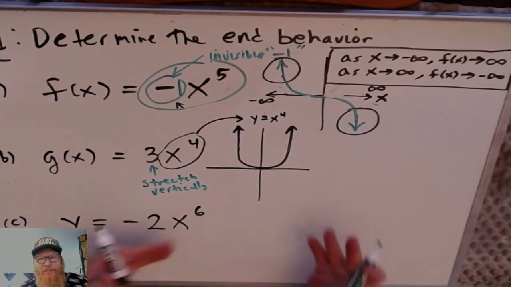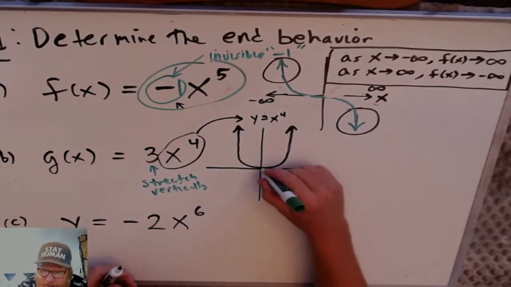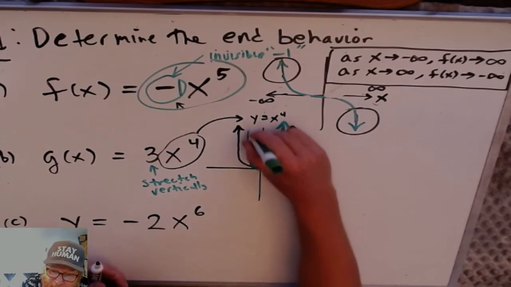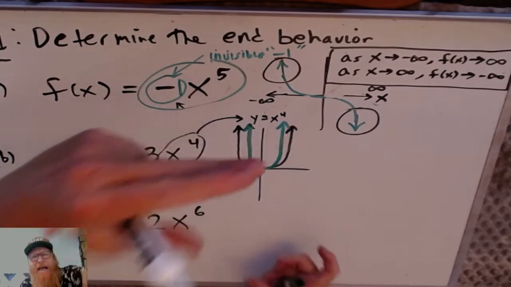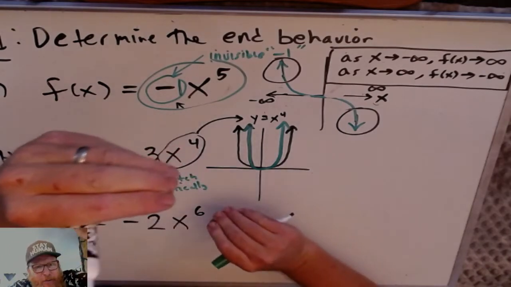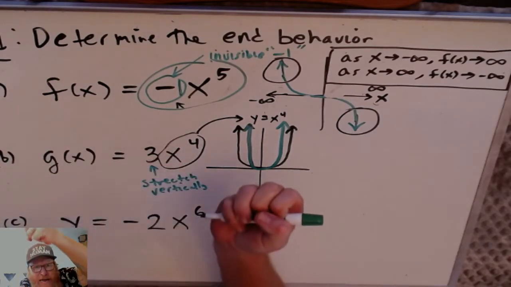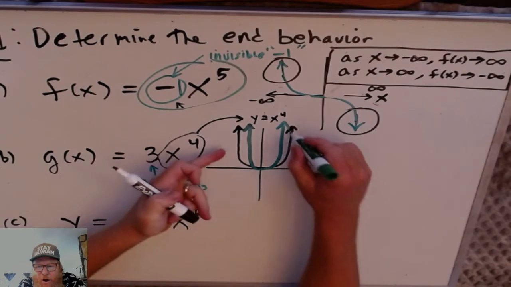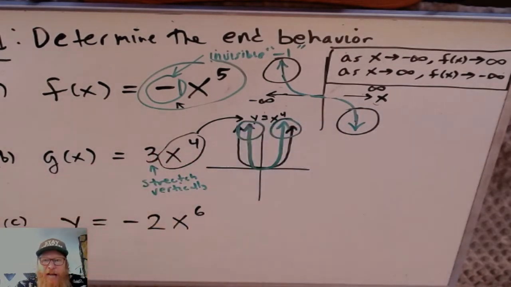Okay. So what's that going to do to the graph? It's just going to make it tall and skinny. That's all it's going to do. It's just going to stretch the graph out vertically like this, like taffy. You know, just took a nice chunk of it and stretched it out vertically. But notice the arrows don't change.